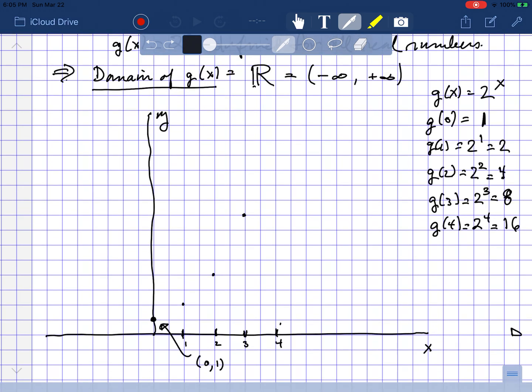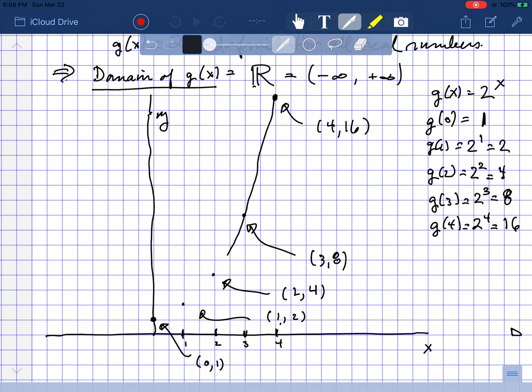Gonna have to extend this a little bit, and we'll plot it all the way up here. There it is. So we have 4, 16. And then here this is 3, 8. Here this is 2, 4. Here we're at 1, 2. Our function looks a little like this. Like that.